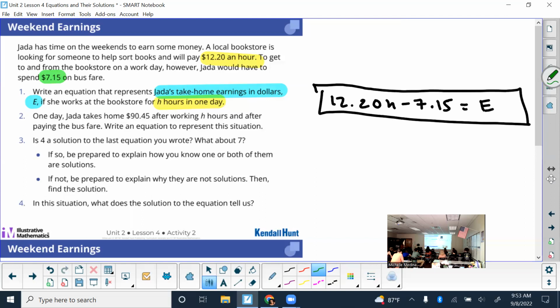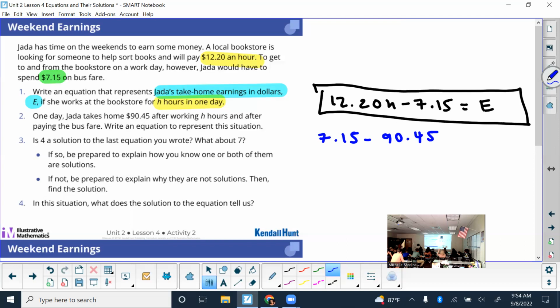All right, Brianna, what does your partner say? What did you say? Aiden M, what did you say? I wrote down 7.15 minus, and that will tell me how much she makes.